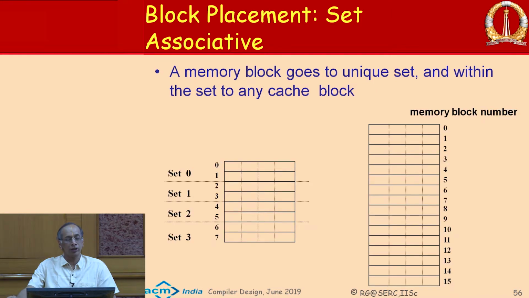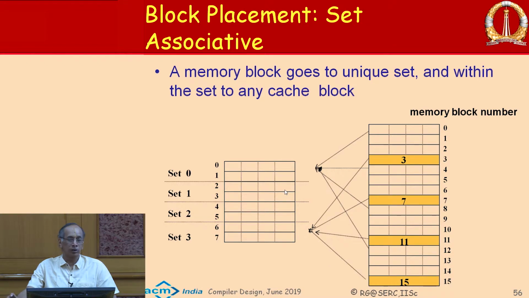So, again let us see what it is. Here the same 8 blocks are now divided into 4 sets, and every memory block is uniquely mapped to one of these sets, but within the set it can be either one of those blocks. So, this is what happens. Block 0, block 4, block 8 etc. are mapped to set 0.